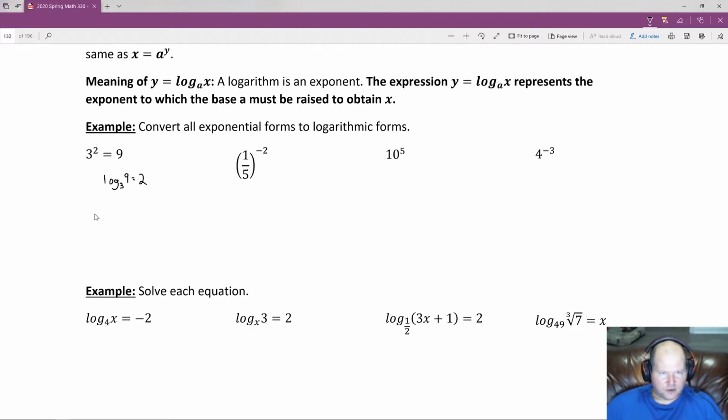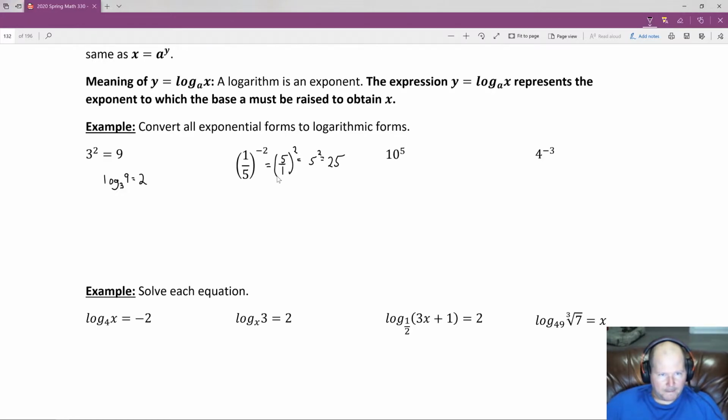Okay, so let's move on to this one over here. Now we're going to have to figure out what this is equal to so that we can put it in logarithmic form. First of all, it's a negative exponent, so we're simply going to flip the fraction. So we're going to have 5 over 1 to not the negative second power, but the positive second power. 5 divided by 1 is simply 5. So we end up with 5 squared, which is equal to 25, right?